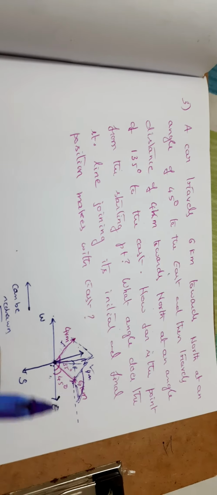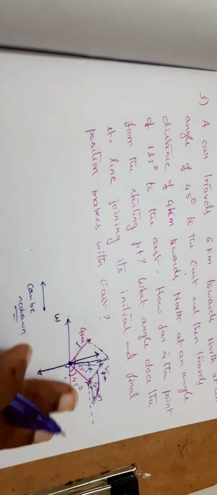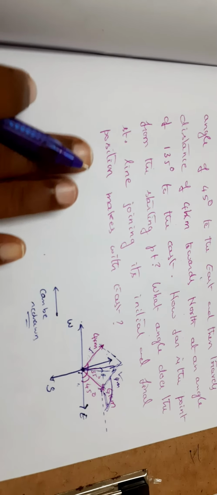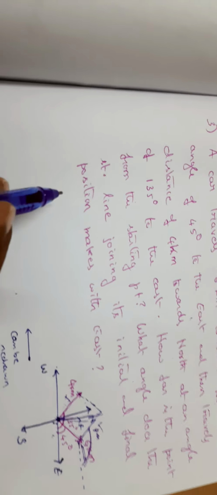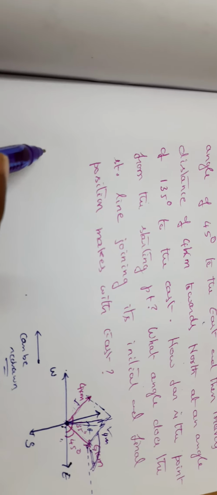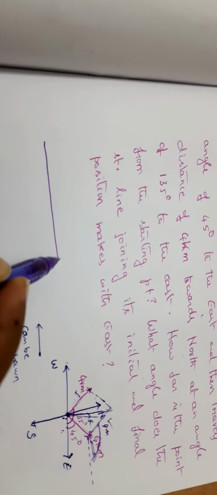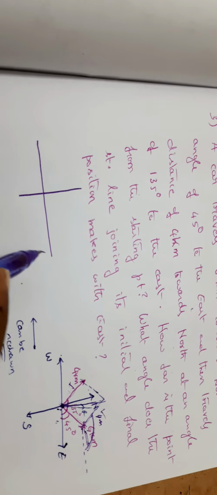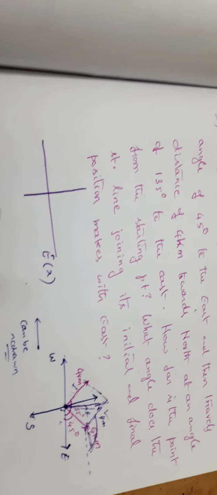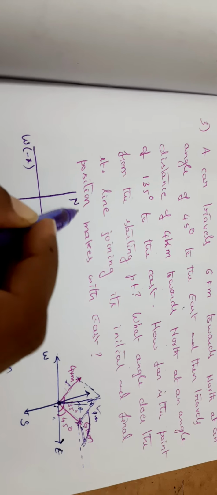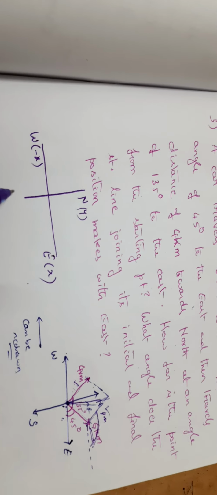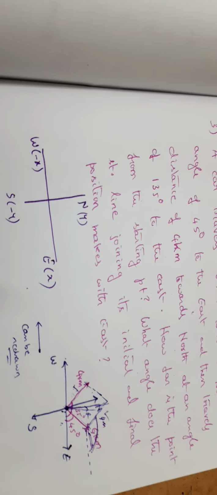This is the question. So I will draw this splitting it into two kinds. Let me first take east as x, west as minus x, north as y, and south as minus y.